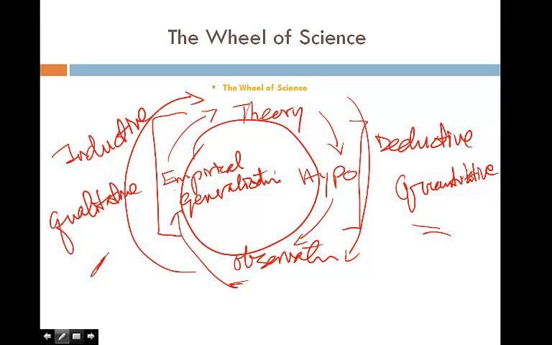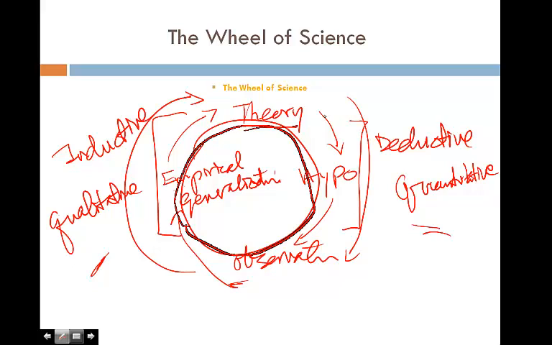This is called the wheel of science. Let me explain a little bit. I know it's kind of messy here. Here we have the wheel, and the wheel is in the center. We have a theory on the top.